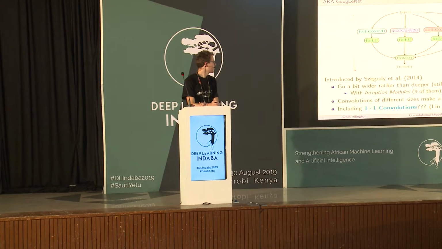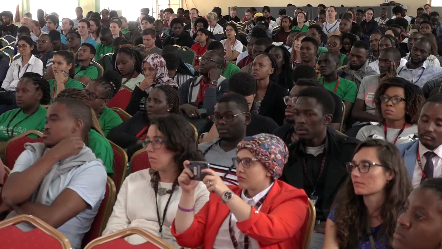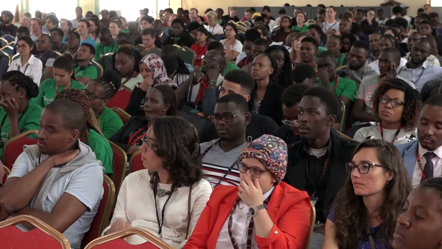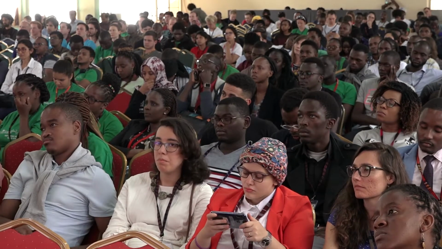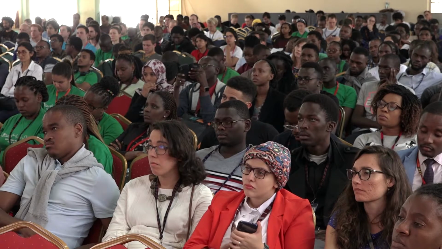But don't worry about 1 by 1 convolutions. Just remember, our image isn't actually just a 2-dimensional plane, it's some volume with depth. And the 1 by 1 convolution does something in that depth direction. If you are interested in 1 by 1 convolutions, they were introduced in 2013 in a paper called Network in Network, which was a really cool paper, so you could check that out.